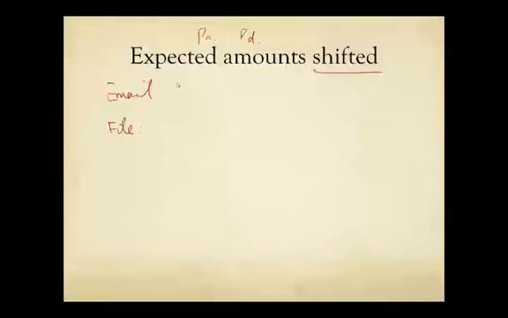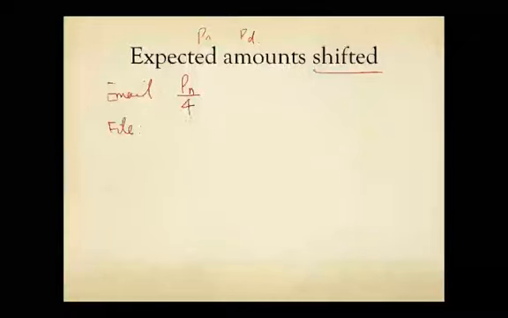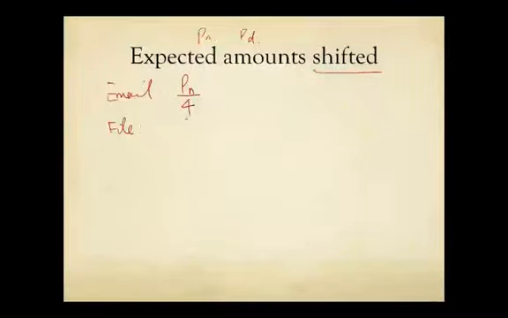Let's say it's simply proportional to the price. So at nighttime, let's say for email, the probability of shifting a unit of traffic is simply the price P sub n offered over 4. And for daytime it is P sub d over 4.